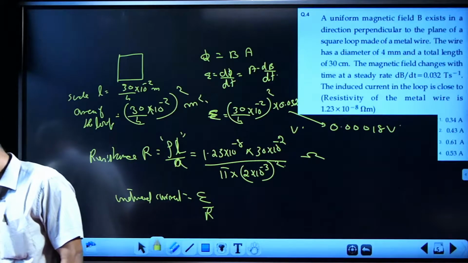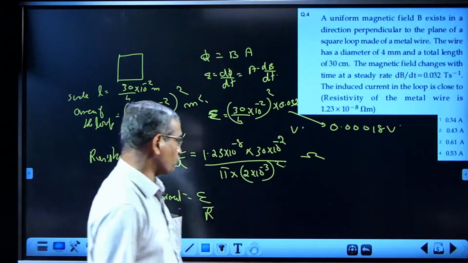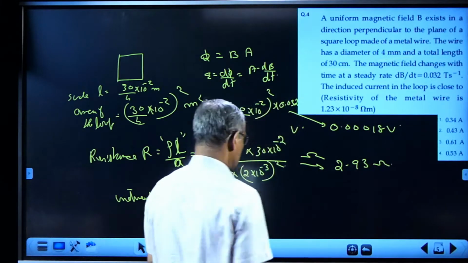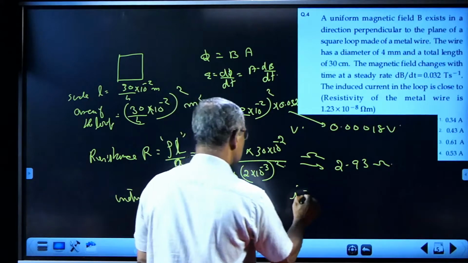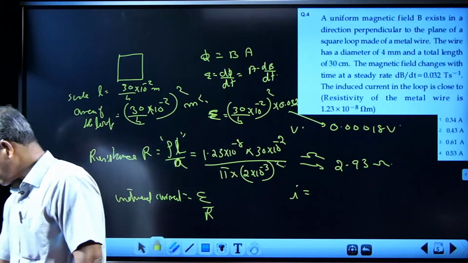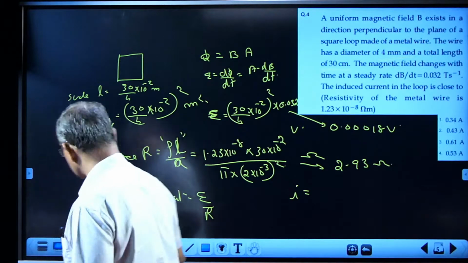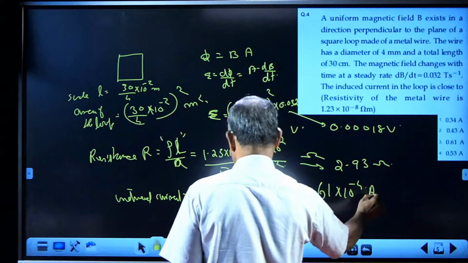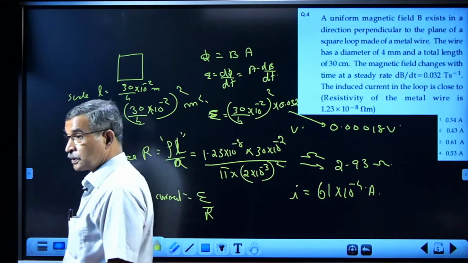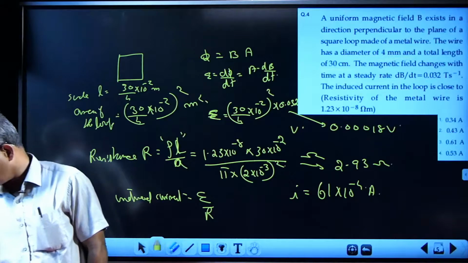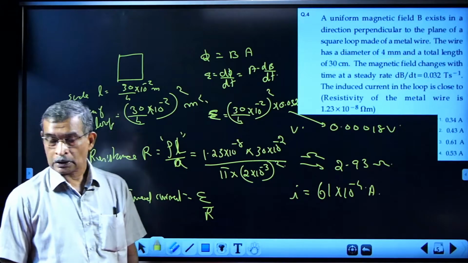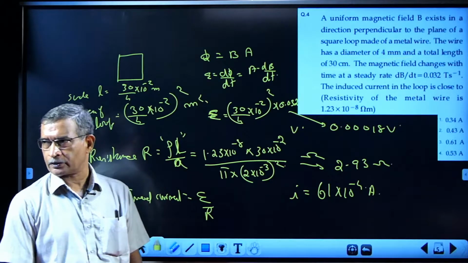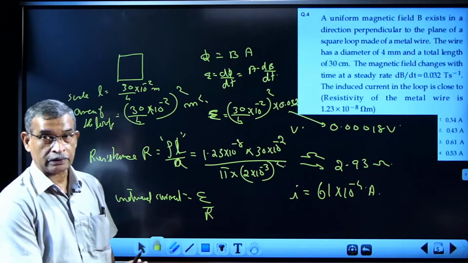R on calculation is 2.93 ohm. And the current on calculation comes to about 61 × 10^-4 ampere. That answer is not there. Therefore, this question has no answer. Some data that they conveyed are missing. That is why this happened. The answer is not there among the options.